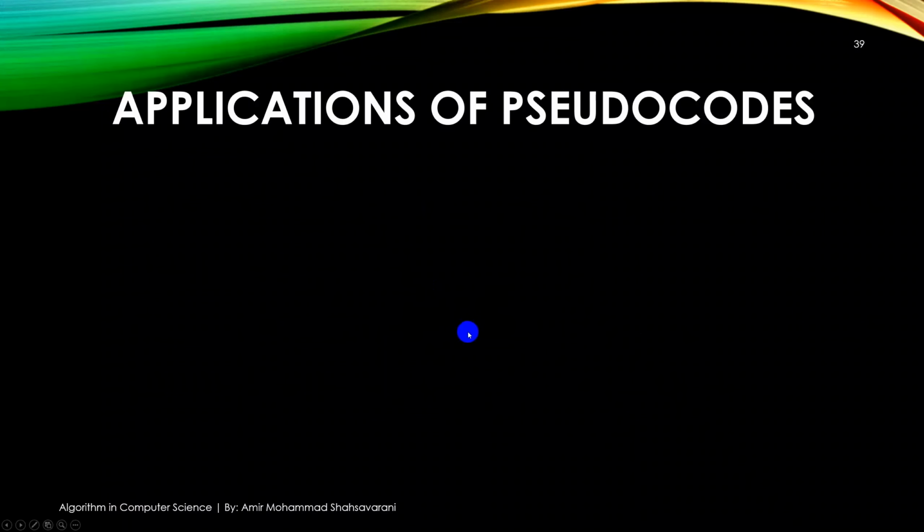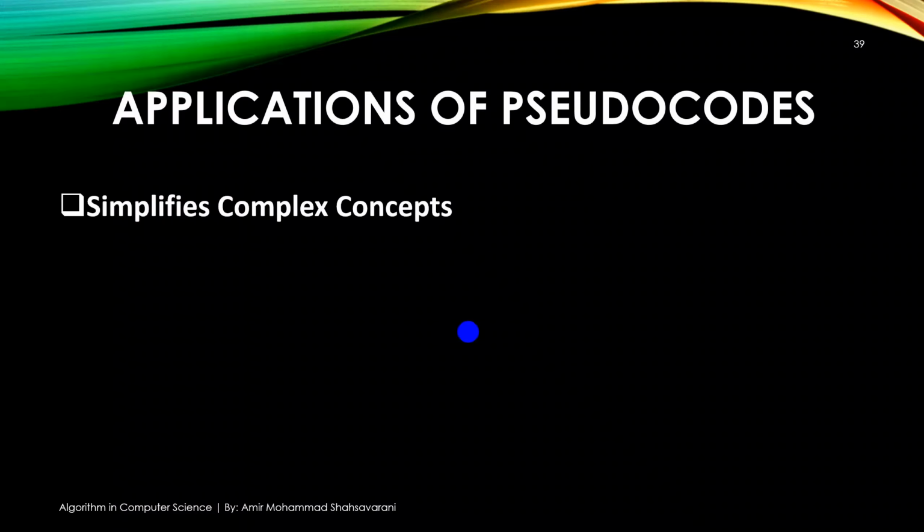Some applications for pseudocodes. First of all, I think one of the most known applications for pseudocodes is simplifying complex concepts. Pseudocodes can help simplify complex algorithms and data structures by breaking them down into smaller, more manageable steps. You can see it in just a few slides afterwards.